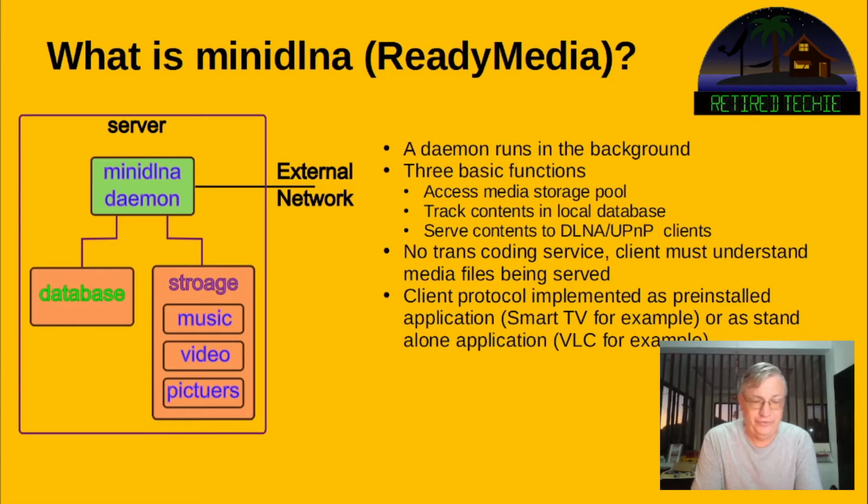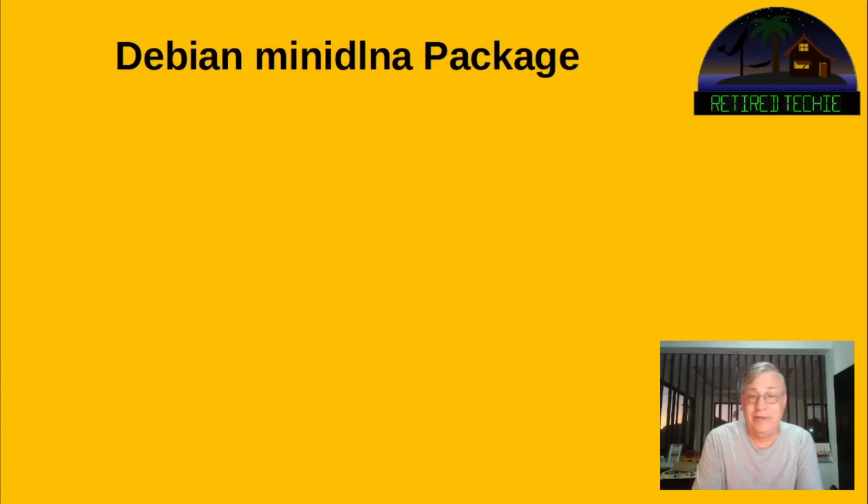Generally, there's two ways this is implemented on a device. For example, my Samsung Smart TV, it's executed as a pre-installed application. So it's actually there, it automatically comes up when it detects a DLNA compatible client on your network.